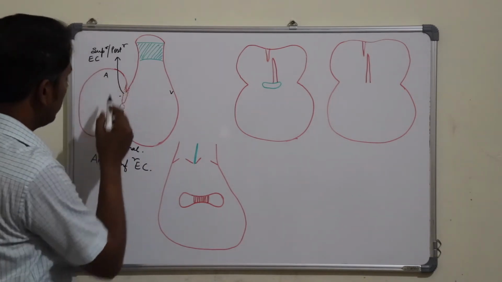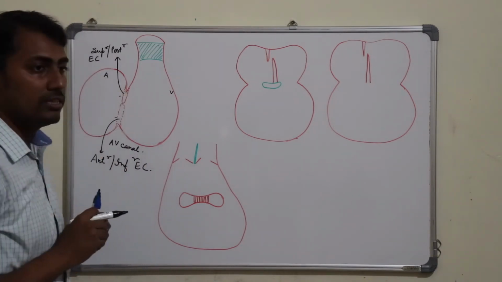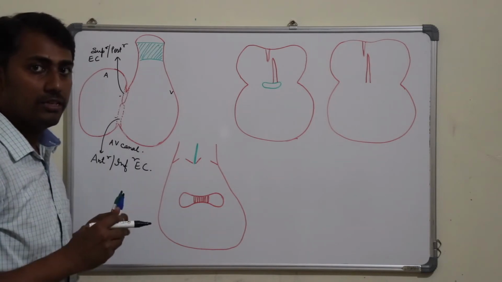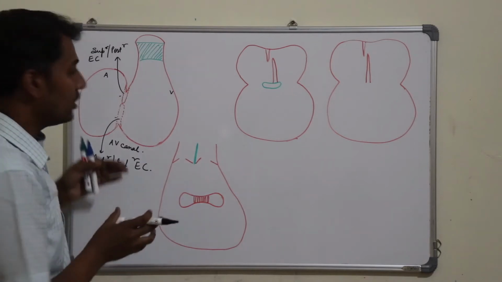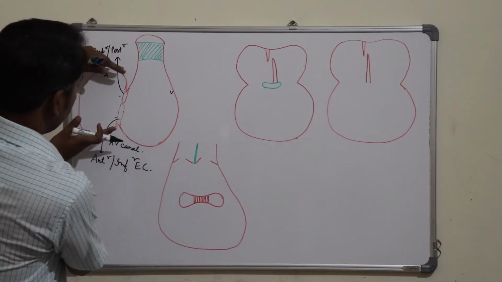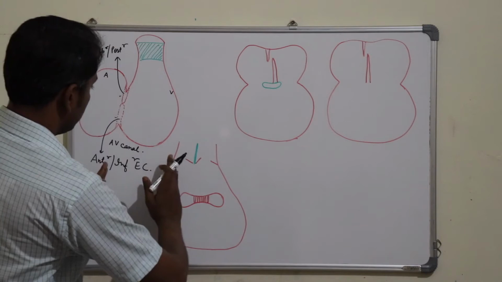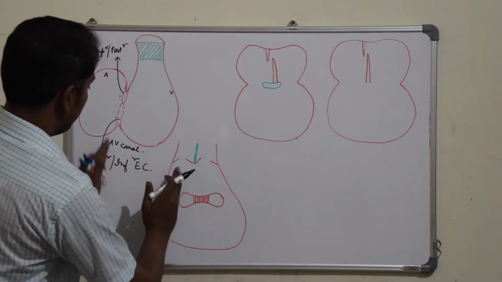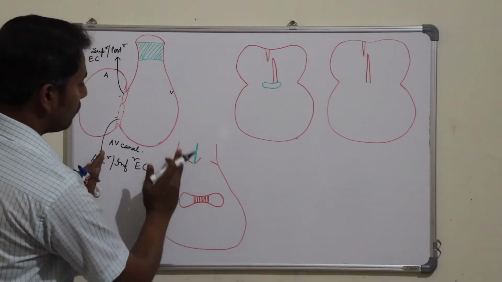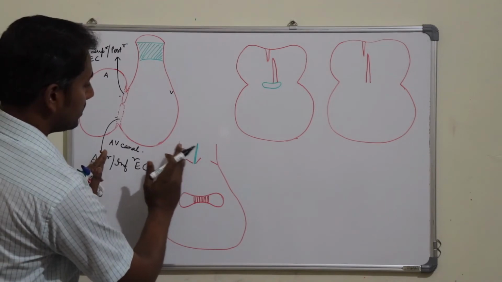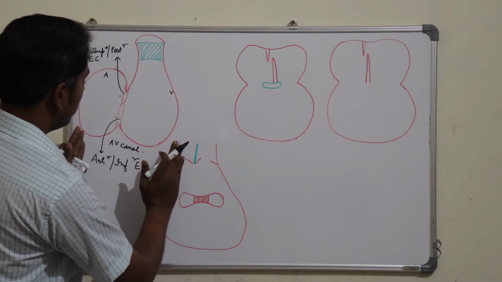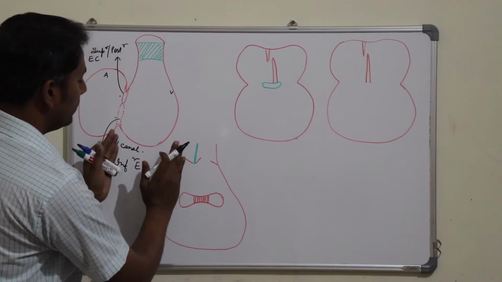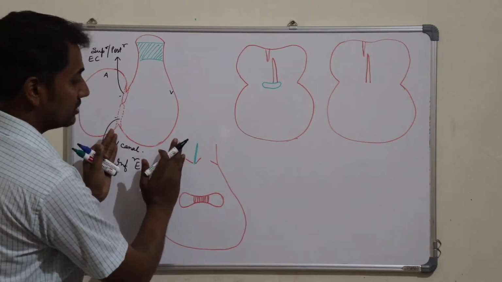This anterior and posterior endocardial cushion are with respect to the initial vertical heart tube. So initially this part of the atrium was like this. So this part was anterior and this part was posterior. Therefore the endocardial cushion developing from this area will be known as anterior endocardial cushion, and developing from the posterior aspect would be the posterior endocardial cushions.